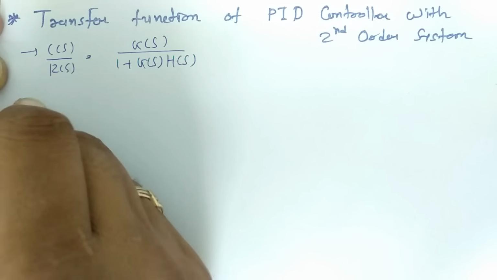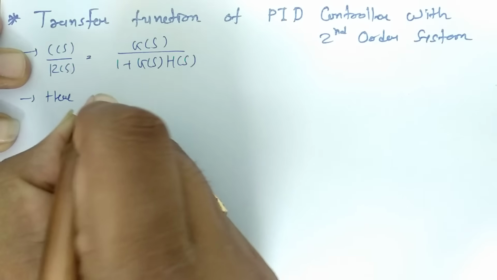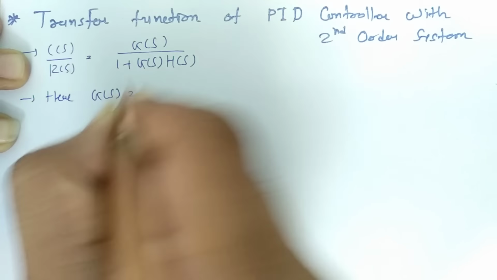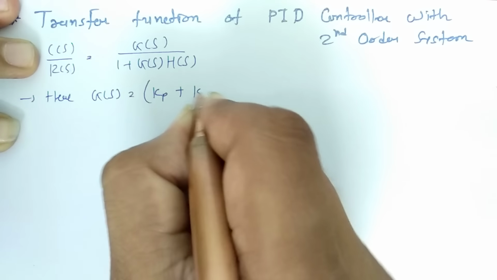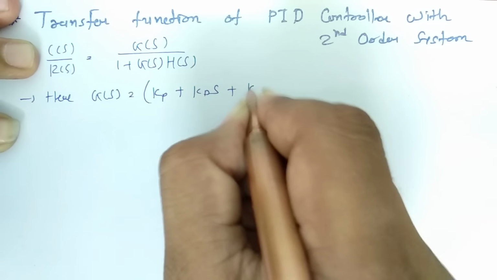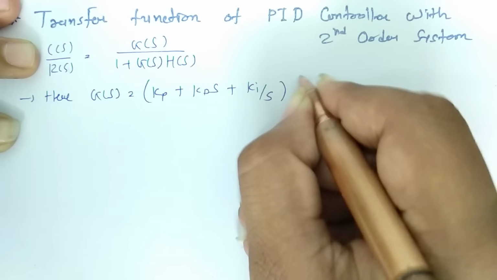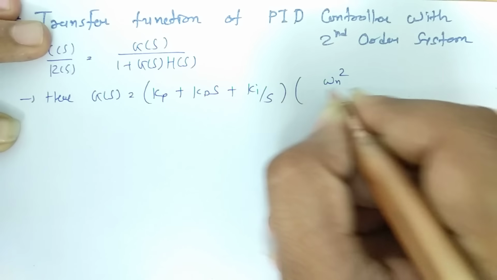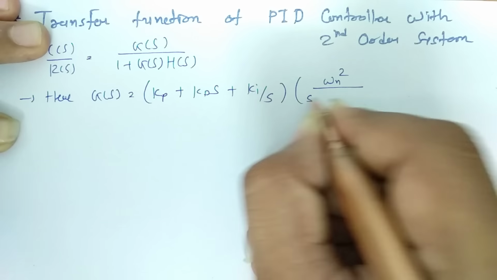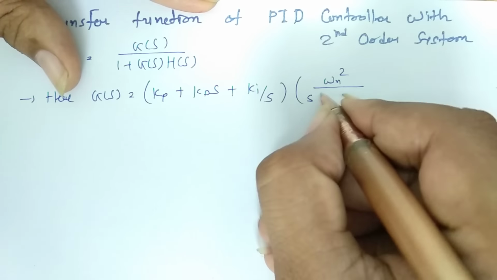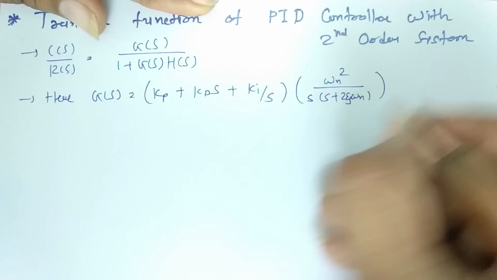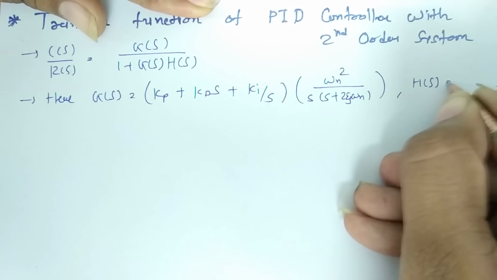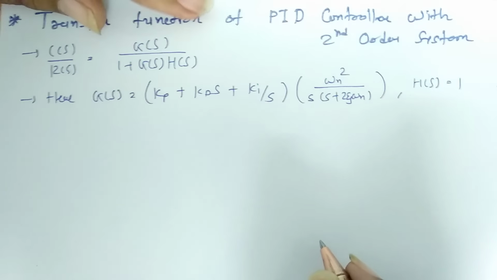So let us place this. Here G(S) is equal to Kp plus Kd S plus Ki by S into omega square n, divided by S into S plus 2 zeta omega n, and H(S) is 1.